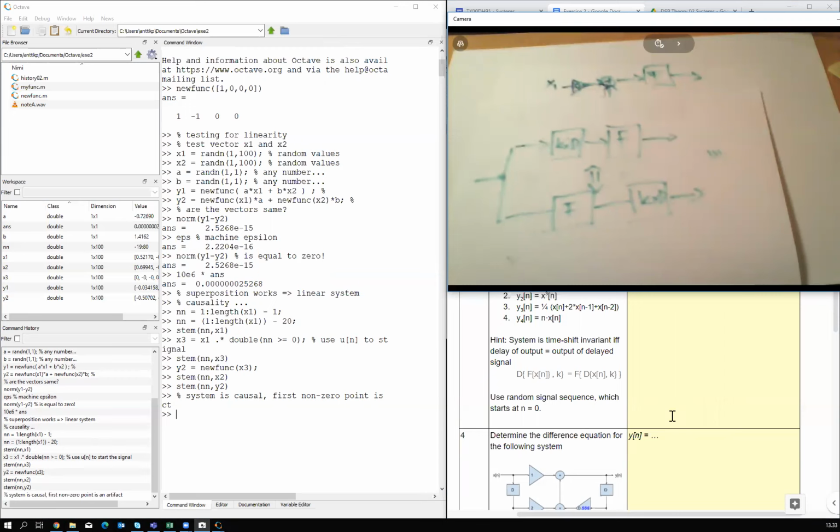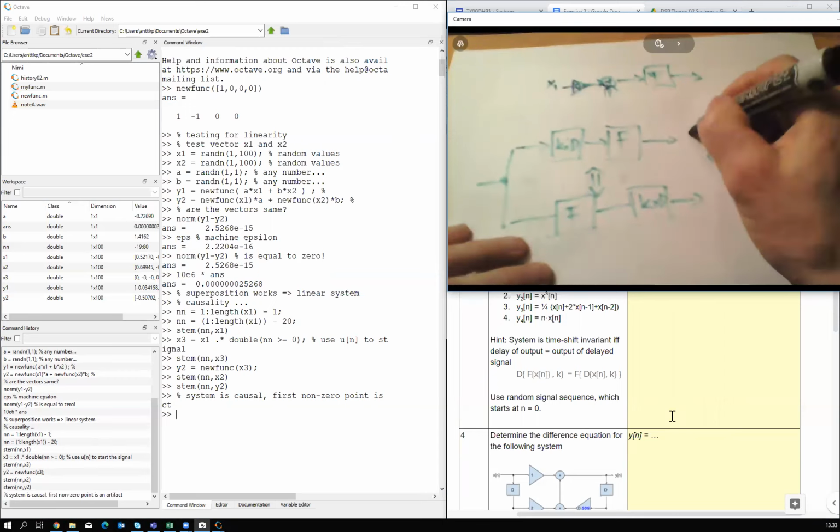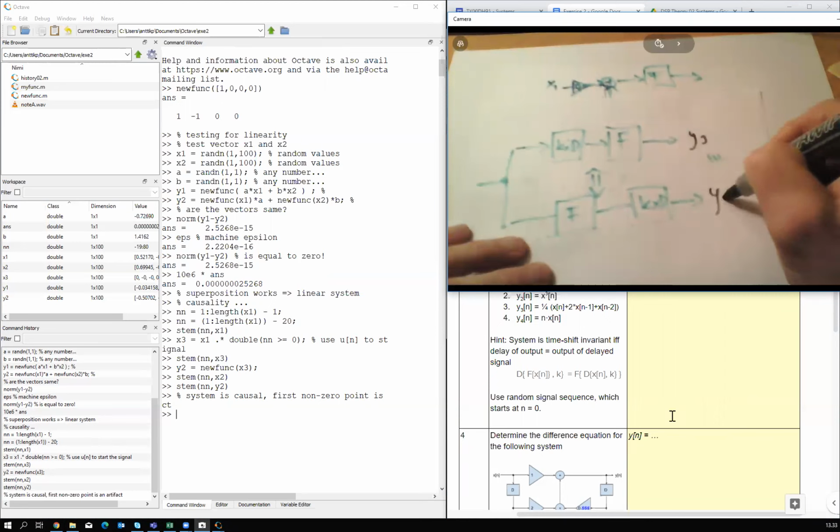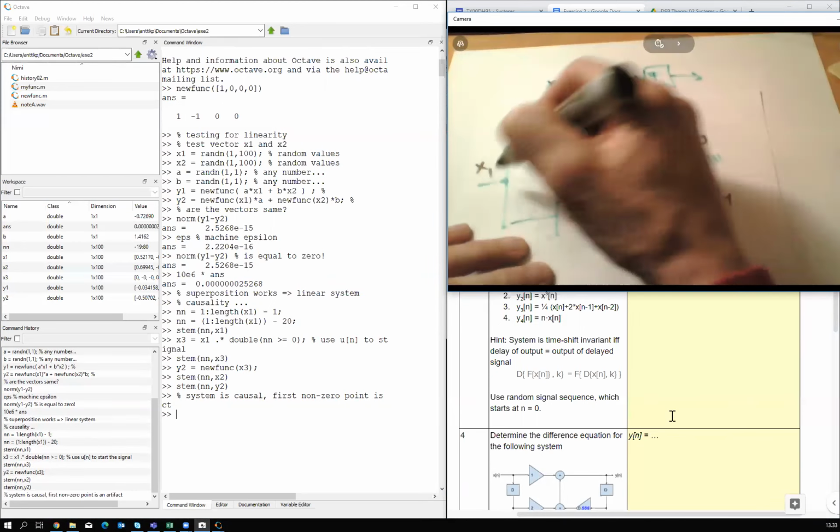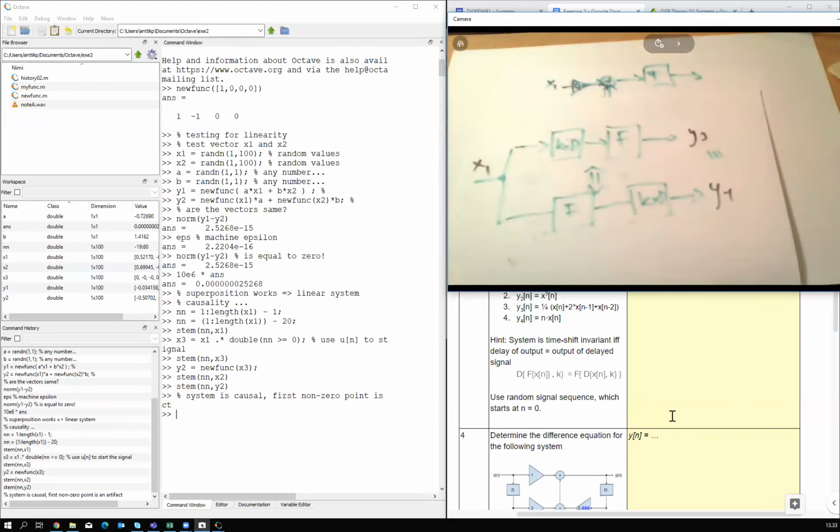Let's see, I will calculate y3 and y4 with any of these signals, for example x1 test vector.